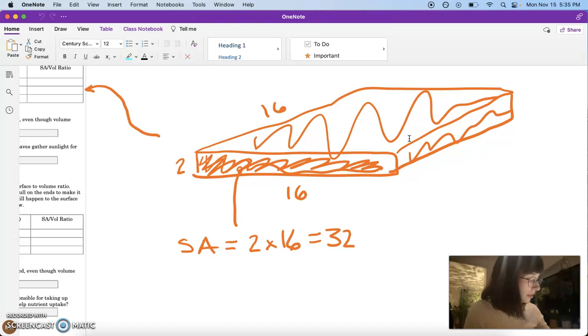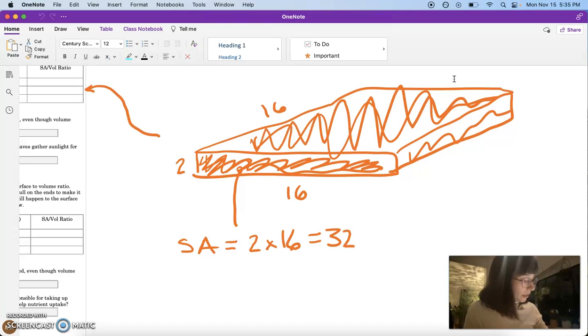But remember that on the exact opposite side of this shape, so over on this side, is going to be something with the same dimensions. It's also 2 times 16. So that'll be important in a minute. And if we were to calculate this top shape here, that one is going to be 16 times 16.